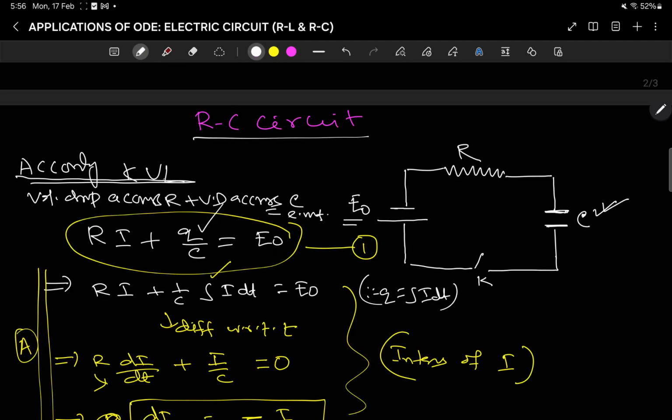If you want to write it in one line, according to KVL, voltage drop across R plus voltage drop across C is equal to the EMF, and subsequently we did it. Now coming to an example.